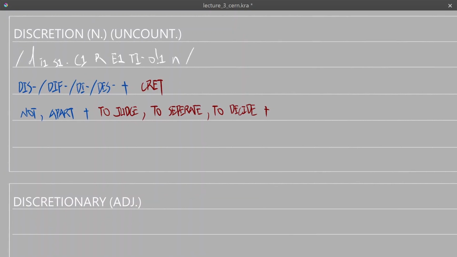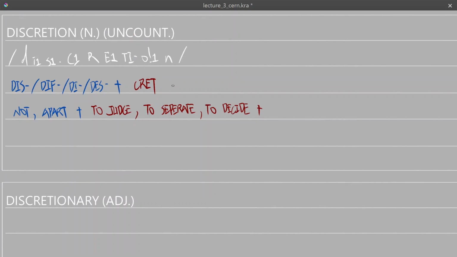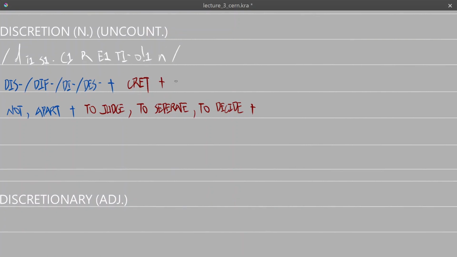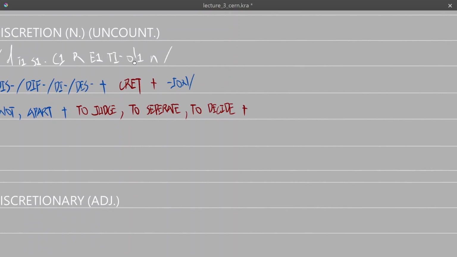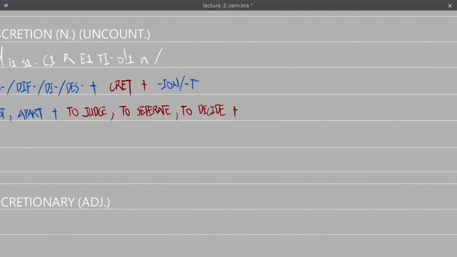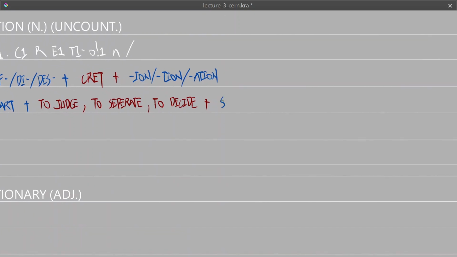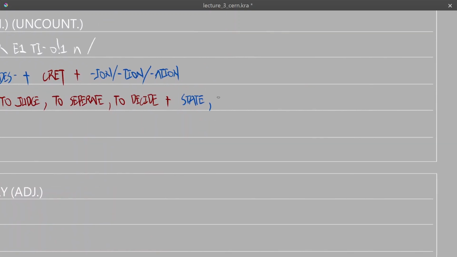Lastly, we have the noun suffix. The noun suffix ion, with common variants ation and ition, meaning state, condition, process, or result.